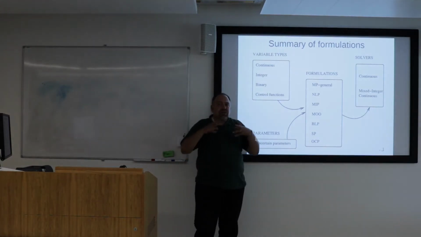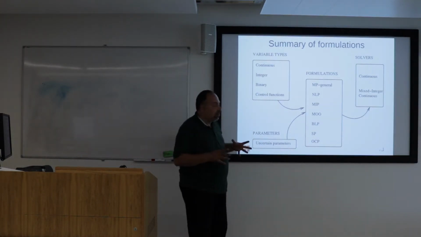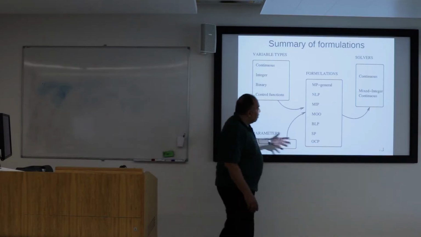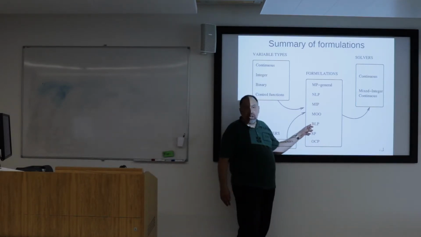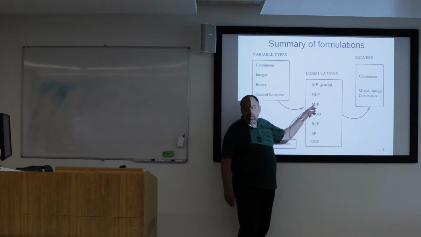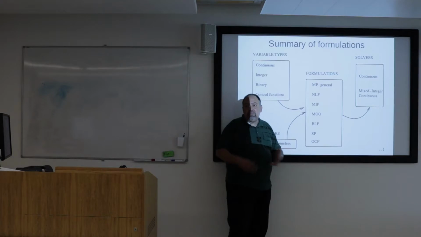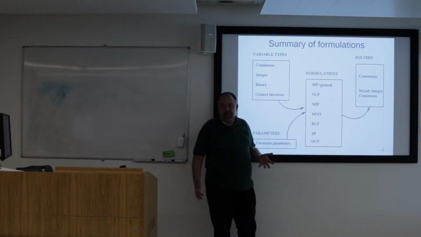So these are general classes of models and problems and formulations, some of which might be part of another one. For example, the second level optimization problem in a bi-level could be a mixed integer problem, whereas the top level might be continuous or vice versa.